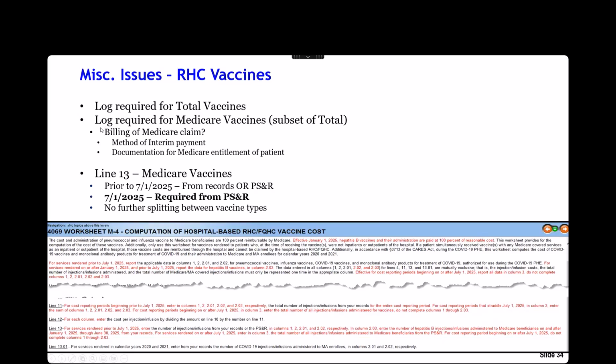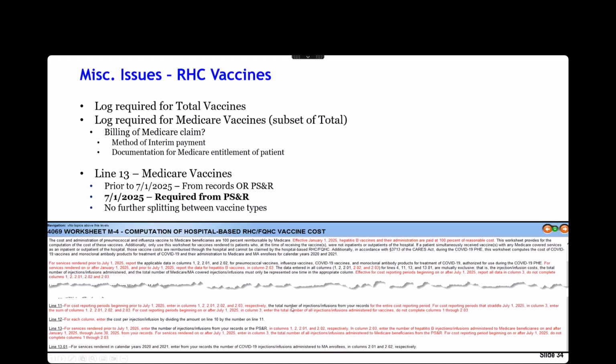So if the log that's submitted for Medicare vaccines, it now, effective 7/1/25, has to be billed as a claim. So it has to be on the PSNR. So effective 7/1/25, and this is service dates, by the way. Or no, I'm sorry, that is cost report periods beginning on or after 7/1/25.